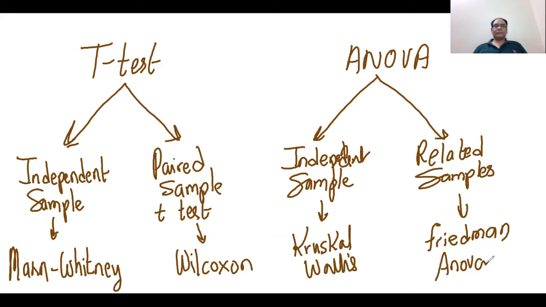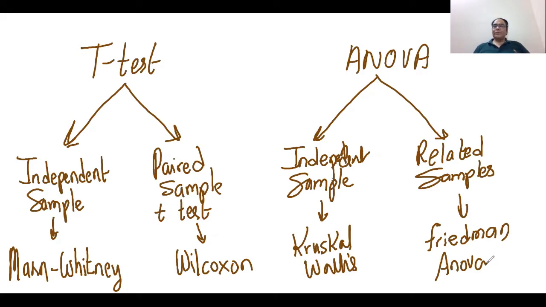Kruskal-Wallis. Similarly, when the sample is same, but you are having 2 responses, like in paired, we collected pre and post. Pre and post is a very simple example of paired sample t-test. So the non-parametric substitute of paired sample t-test is called Wilcoxon test. And when you are having 3 or more responses from the same group, you can go for Friedman ANOVA.